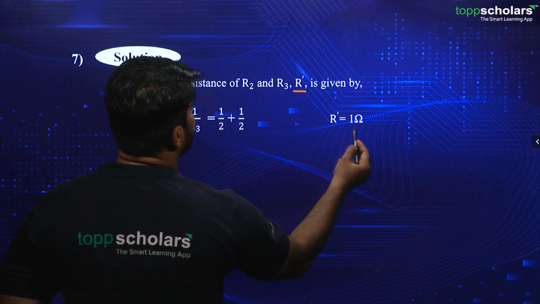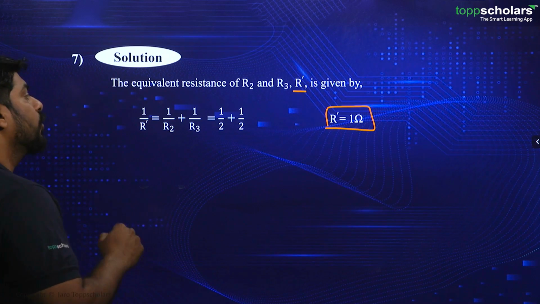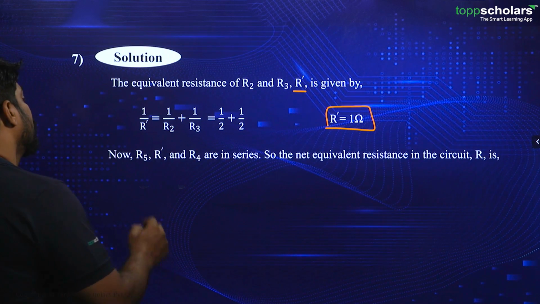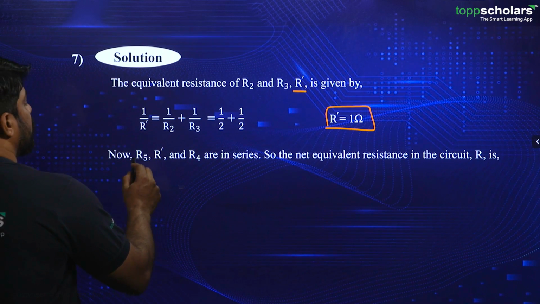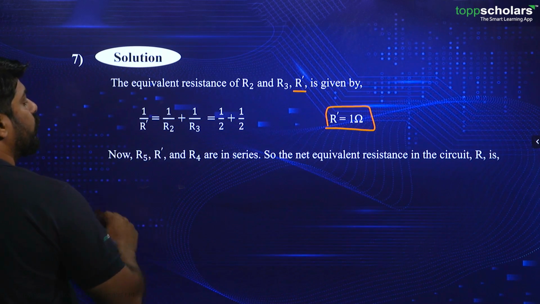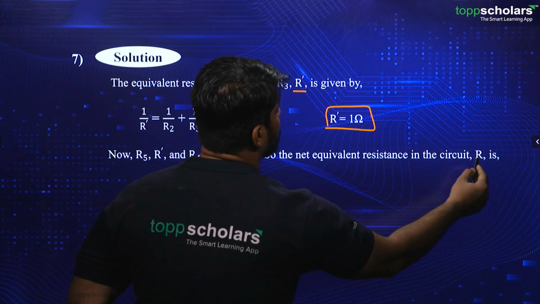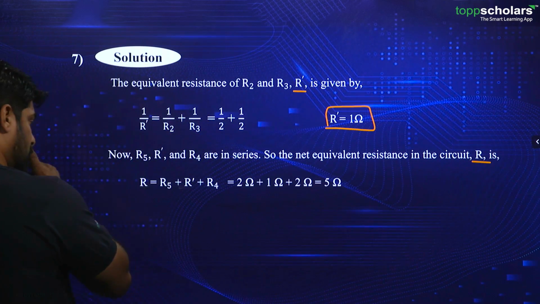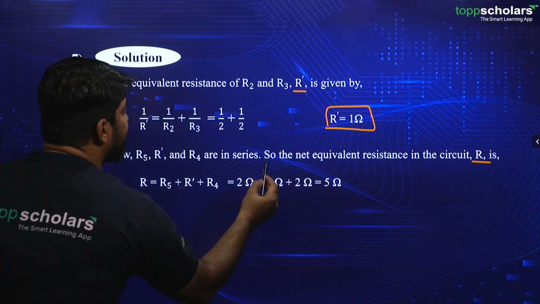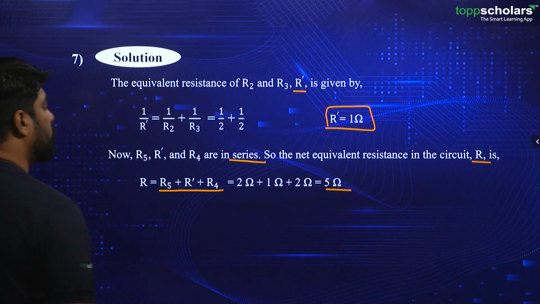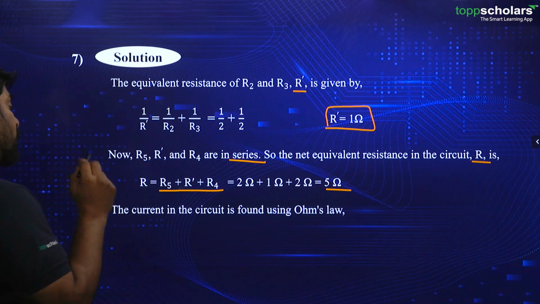After solving this, we get R dash equal to 1 ohm. Now R5, R dash and R4 are in series. So the net equivalent resistance in the circuit, R, is, because it is in series, we have to add them. After adding, we get 5 ohms. So net resistance is 5 ohm.